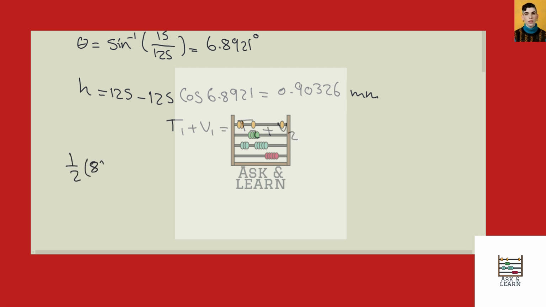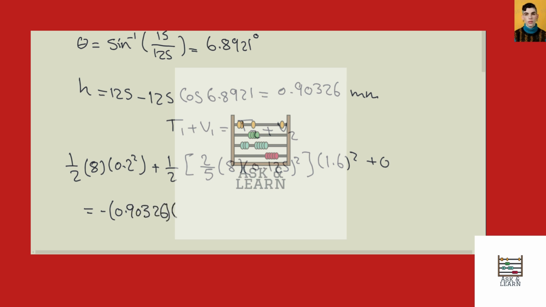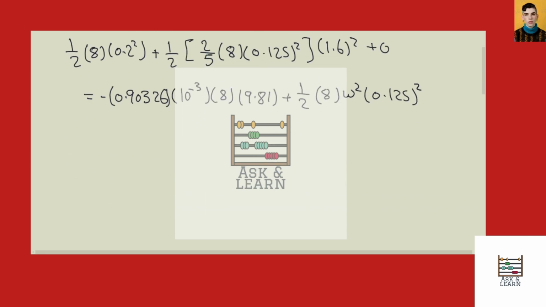So we have half times 3 multiplied by 0.2 squared, plus half multiplied by 2 over 5 times 8 times 0.125 squared times 1.6 squared, plus 0, equals negative 0.90326 times 10 to the power negative 3 times 8 times 9.81, plus half multiplied by 8 omega squared multiplied by 0.125 squared, plus half multiplied by 2 over 5 multiplied by 8 times 0.125 squared omega squared.